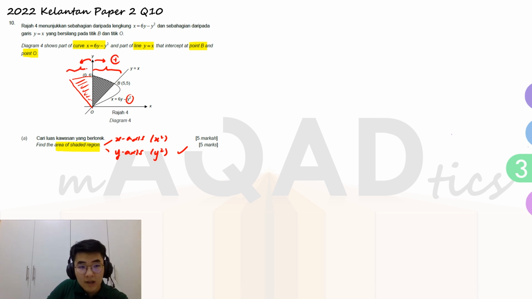But if we are calculating here, which is the left side of the y-axis, the answer will give negative. So for both of these areas, the red one and the black one, we need to calculate separately, because one will produce a negative answer, one will produce a positive answer. So for this left side, we need to add a modulus to change the answer from negative to positive. But for this case, we don't need to.